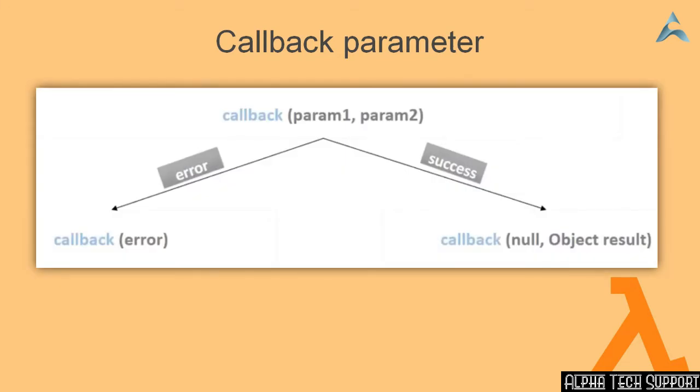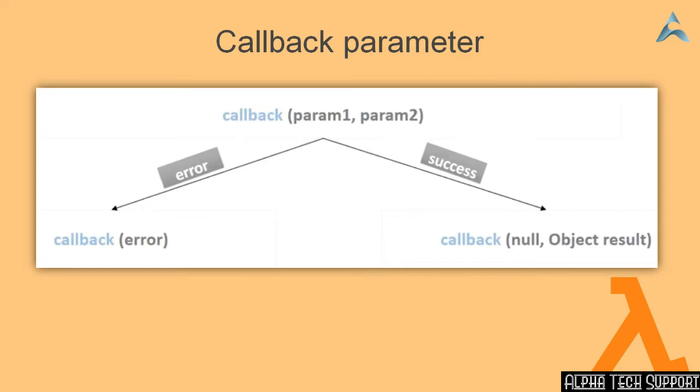So a callback parameter function has two parameters, first parameter and second parameter, and it could be written in two ways. The first way for error, when you are interested in passing an error, just provide one parameter, which would be an error parameter without any null value in the callback method.